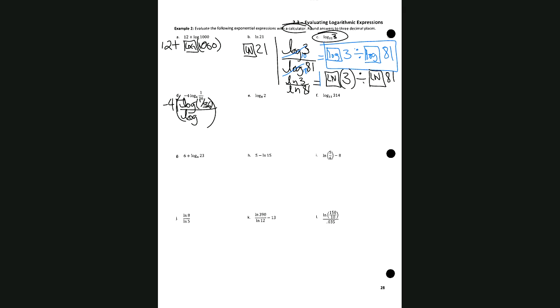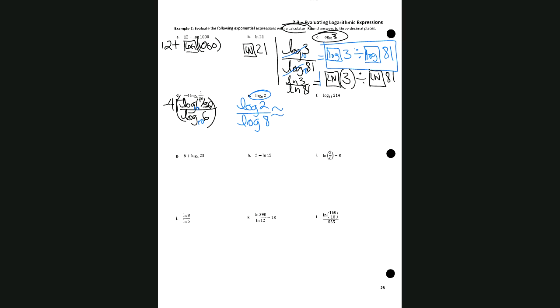So that is the base. I'm changing it to a base 10, because remember, your calculator can only find base 10 or base e. So now for this one here, it will be the log of the argument 2 divided by the log of 8. And of course, you have to press enter to get a decimal approximation.